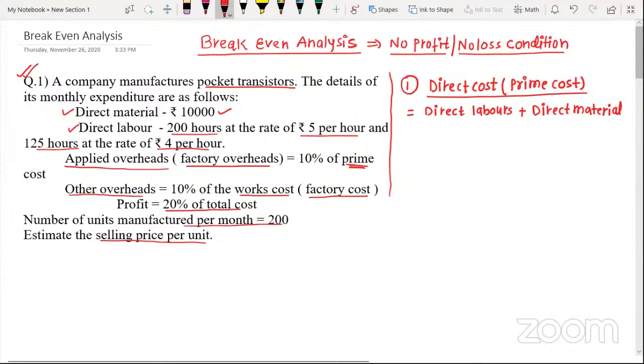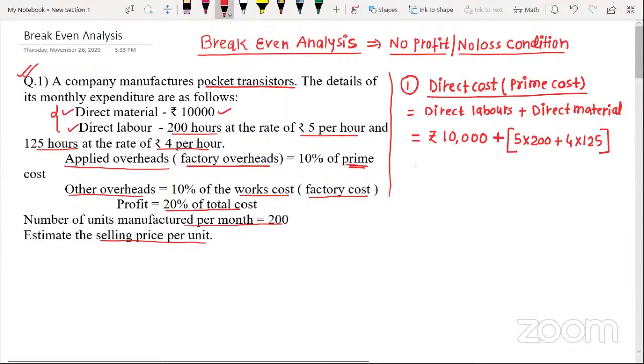They have given direct material and direct labor cost, so we can find that the direct cost equals rupees 10,000, which is the direct material cost, plus direct labor cost. Rupees 5 per hour for 200 hours, so it is 5 into 200, plus 125 hours at the rate of rupees 4 per hour, so it is 4 into 125.